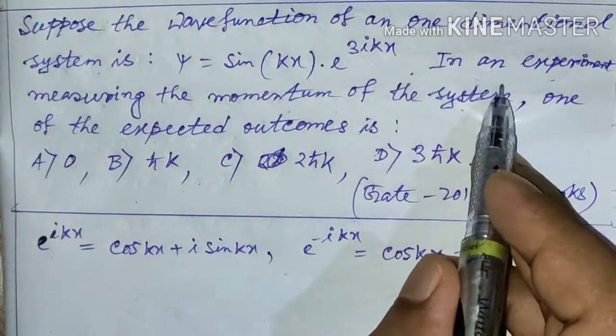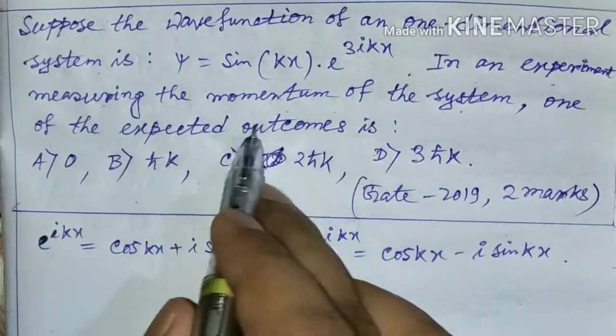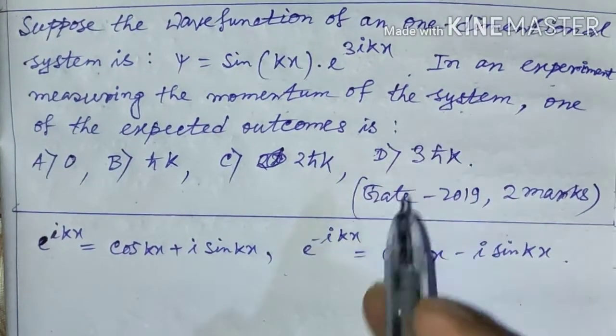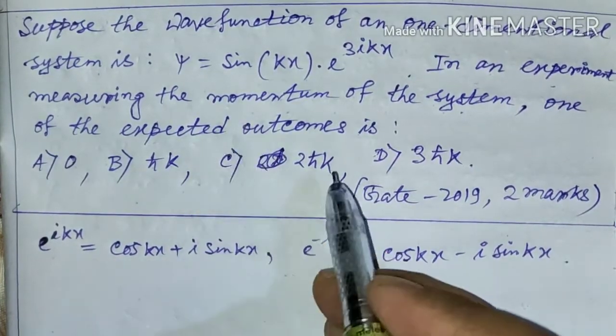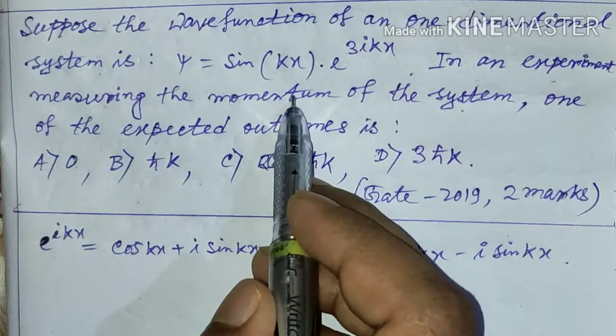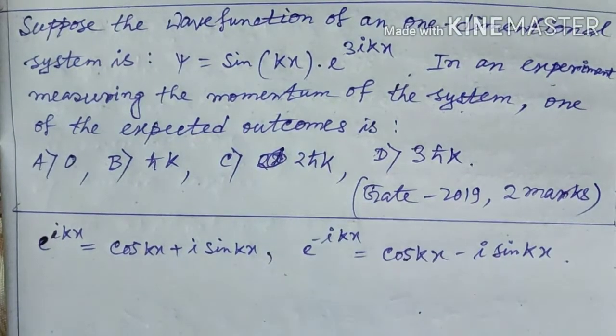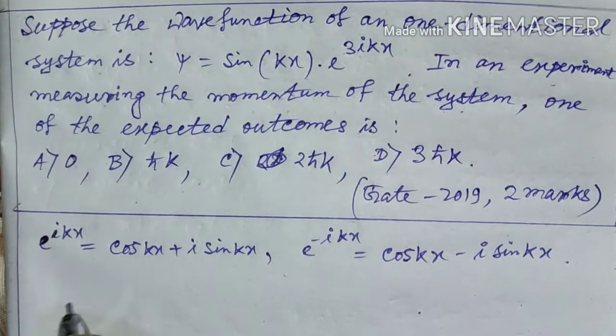That means in measuring the momentum of the system, we have to operate the momentum operator on this eigenfunction, and we have to see the outcome of that operation.